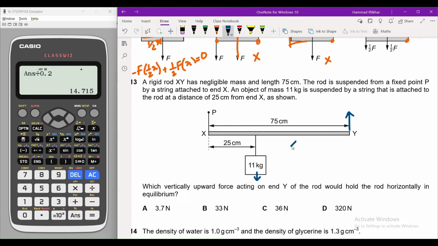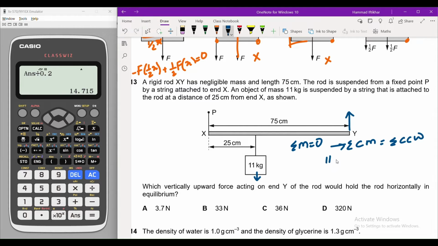So for the rod to be horizontal, we need the sum of clockwise moments equal to the sum of anti-clockwise moments. Since both distances are in centimeters, we can let go of that.